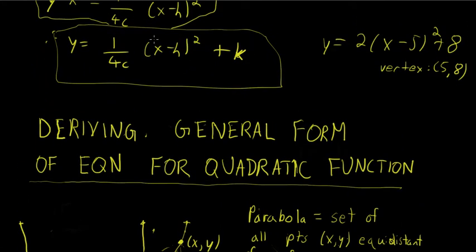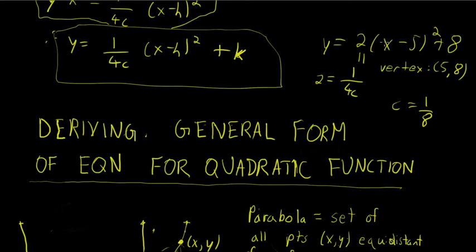Okay, so here we have y equals 1 over 4c times x minus h, quantity squared, plus k. So let's say you're given this equation here. What does this tell you about the focus and the directrix? So here we know that this 2 is equal to 1 over 4c. So 2 equals 1 over 4c. So what's c? Well, c is 1 over 8, right?